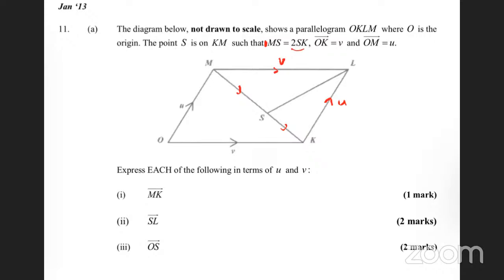This is 1 and this is 2, so it's like 1 to 2. So here will be 2/3 and here will be 1/3. You have to learn to put that in. You'll need that when you have to work out things.